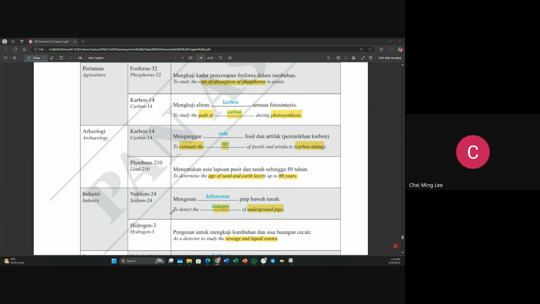We use it to detect the sewage and the liquid waste because hydrogen-3 will react with the oxidation, the oxygen of the rust of heavy metal. So we use that one to check whether the sewage water that the industry releases, and the liquid that is released to the river, is it fit to the requirement?